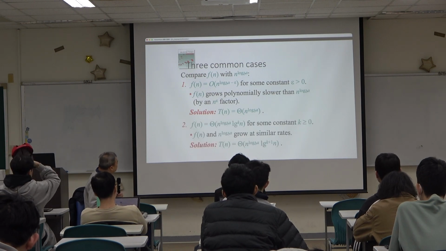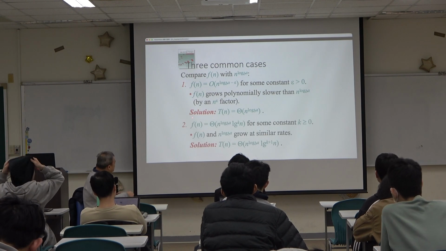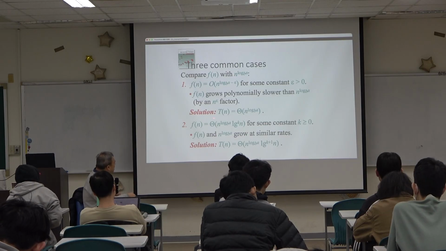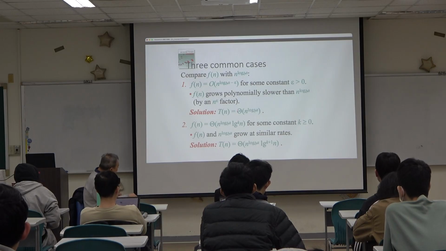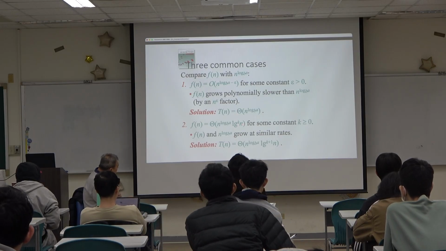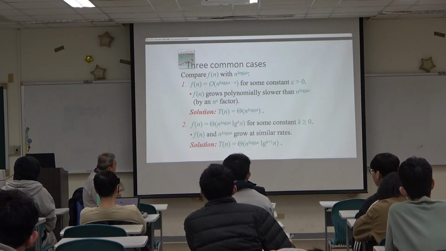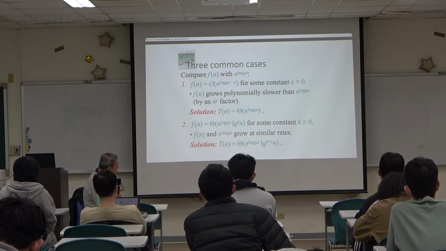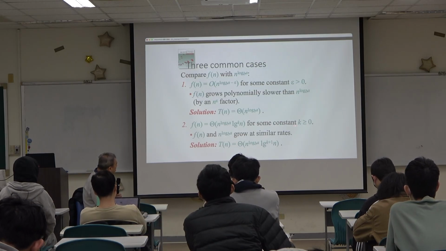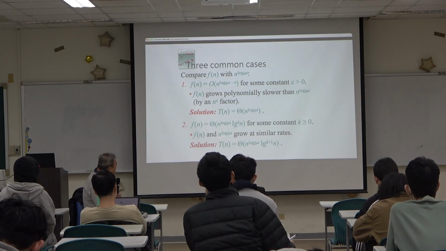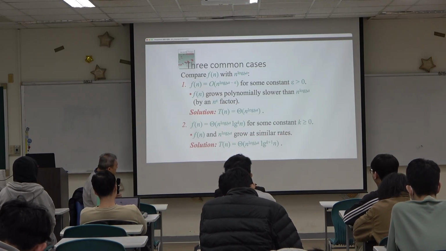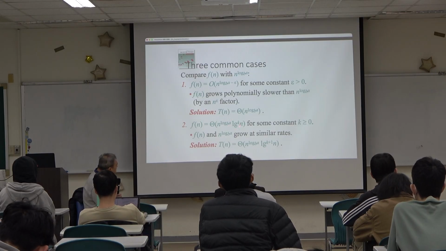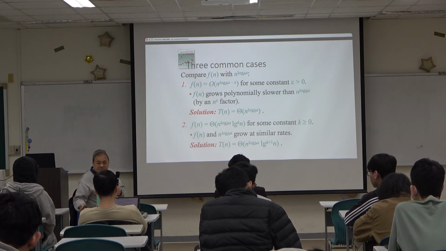The second case: if f(n) equals theta of n to the log base b of a times log n to the power of k, for some constant k. In other words, f(n) and n to the log base b of a grow at a similar rate, because log n to the power of k is sublinear.